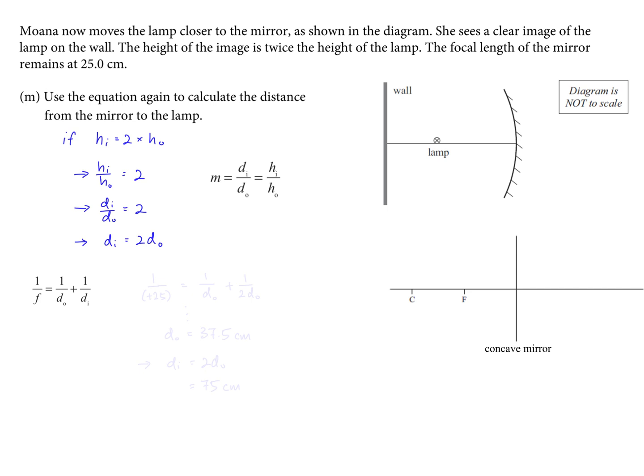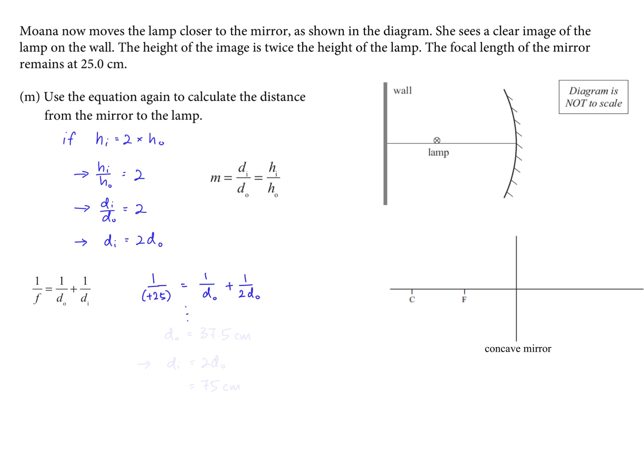So we can now use the mirror equation. So 1 over plus 25 is equal to 1 over do. So do is unknown, plus 1 over 2 do, because we know that the image distance is twice that of the object distance.